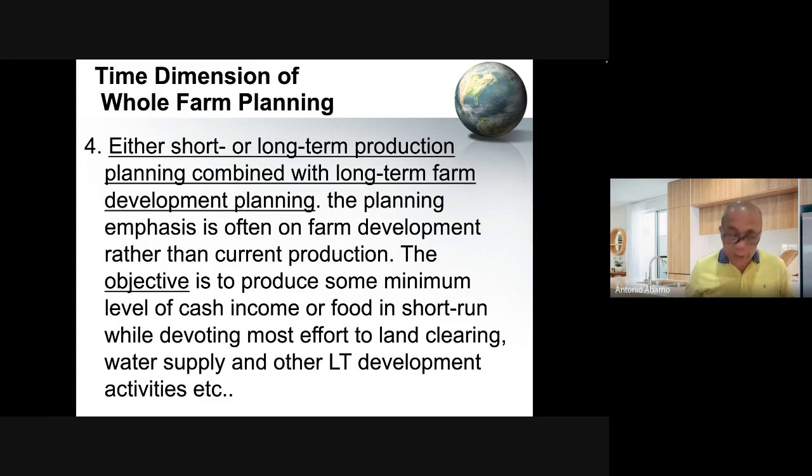So there is always an objective when we do farm planning. What are the objectives? Either profit maximization or cost minimization. The beauty of that objective is that if you find one, the shadow result of that is the other one. We call it in linear programming language the duality theorem.